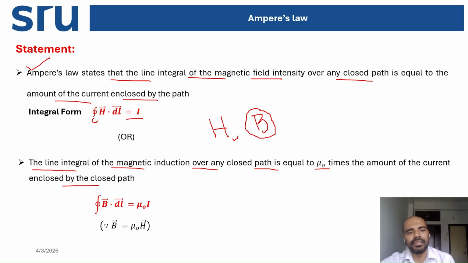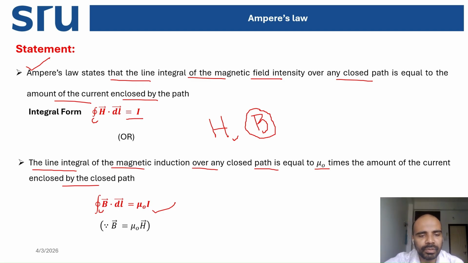So here the line integral of magnetic flux density over any closed path is equal to mu0 times the current enclosed by the closed path. So the line integral of B dot dl is equal to mu naught I. This is another integral form of Ampere's law in terms of magnetic induction or magnetic flux density.